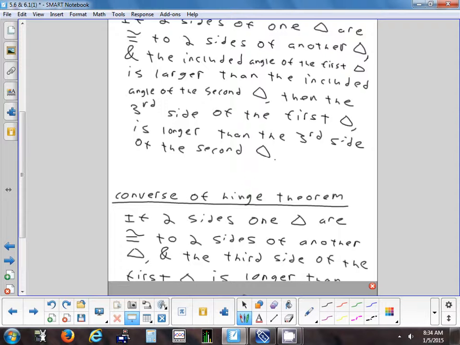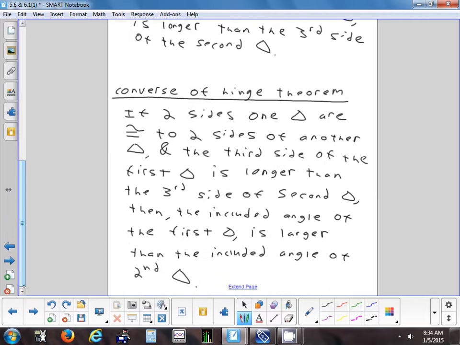So the idea here is, just write down the converse is also true. The converse says if you've got two congruent sides in a triangle, and the third side is bigger in one triangle than in the other, then the angle across from it is going to be bigger in that triangle than in the other.